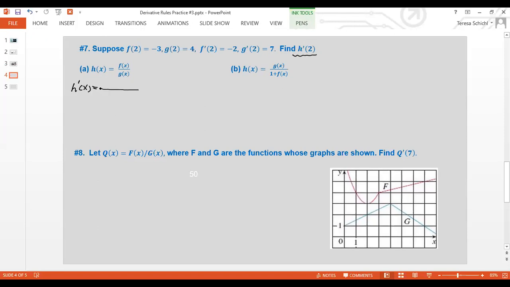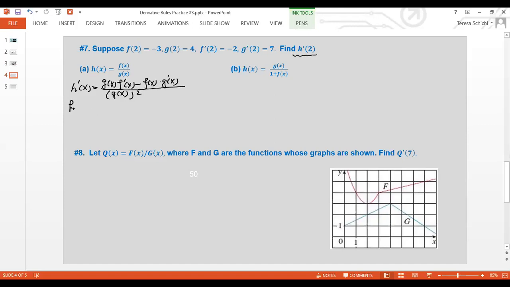So what I need to do is square the bottom, g of x squared. Hold the bottom, so it's g of x, take the derivative of the top, so it's f prime x, then minus, holding the top, take the derivative of the bottom, g prime x. That's just the pure formula we did.